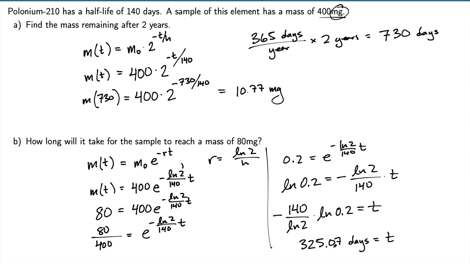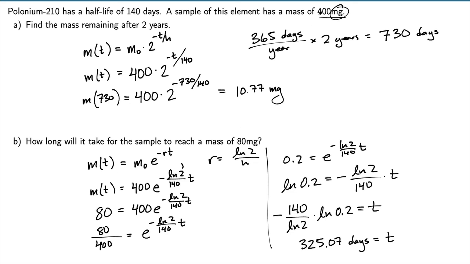Now, you always want to make sure, especially when you've got all this complicated stuff that you're plugging into a calculator, just ask yourself if your answer makes sense in the context of the problem. So we have here that our initial mass was 400, and we've jumped down to 80.